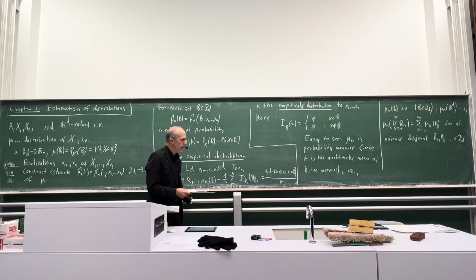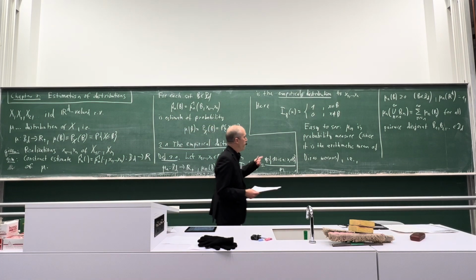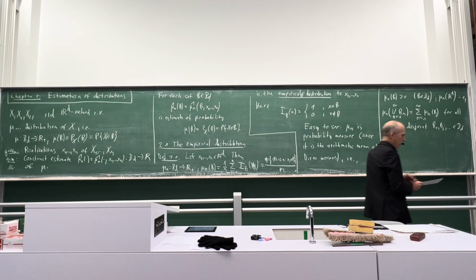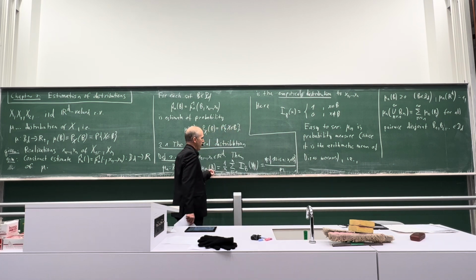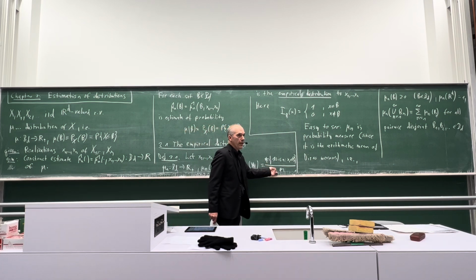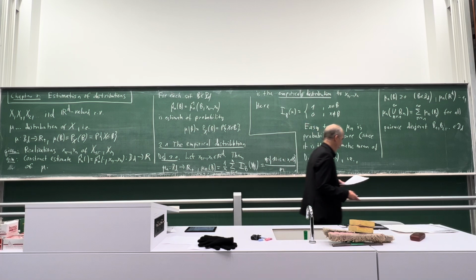Okay, and then it's also easy to see, or obvious, if your points x1 to xn are pairwise disjoint, then mu n of the set containing only one of the xi is just 1 divided by n.